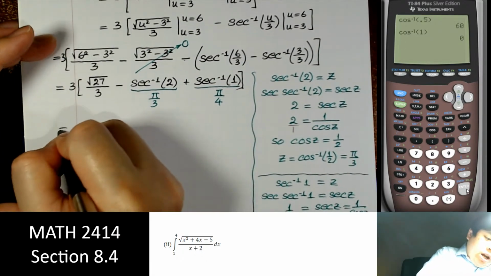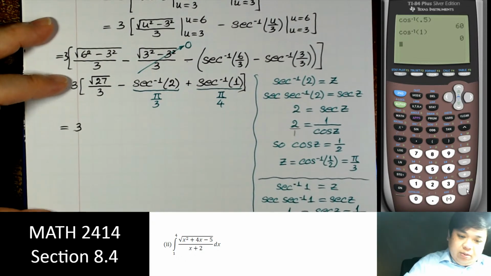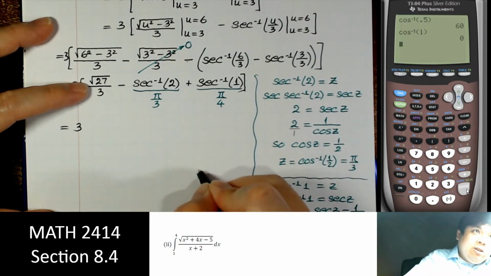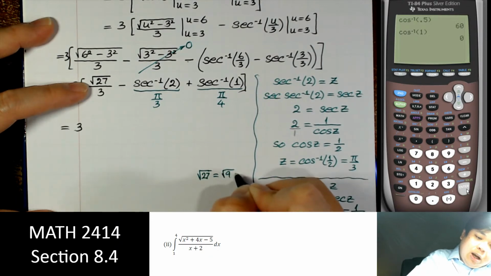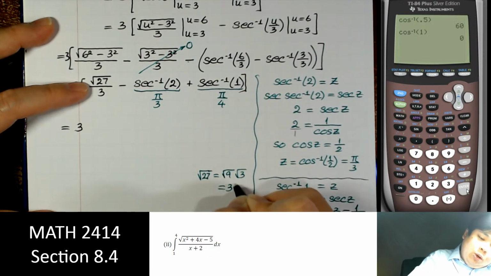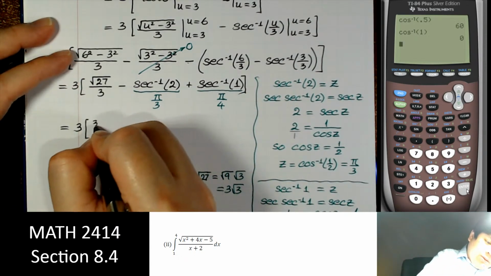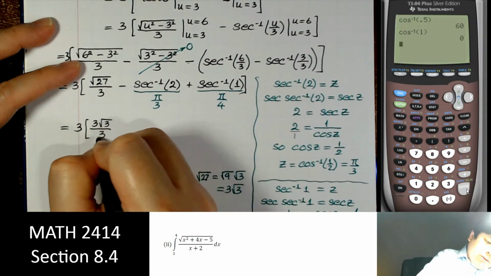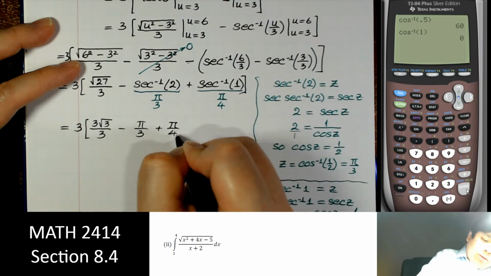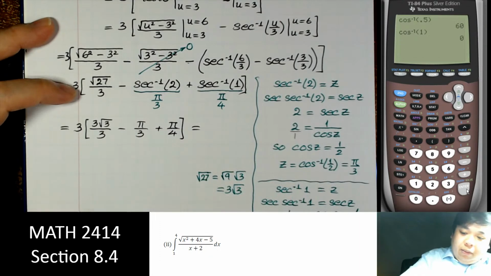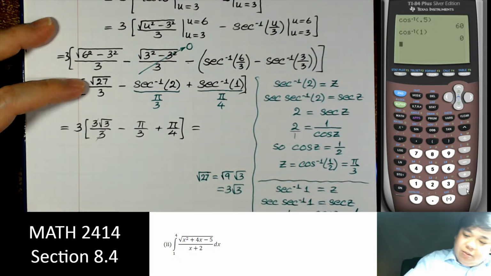Right, so putting it all together, we have 3 times square root of 27, which is square root of 9 times square root of 3, which is 3 square root of 3. 3 and 3 cancel out.